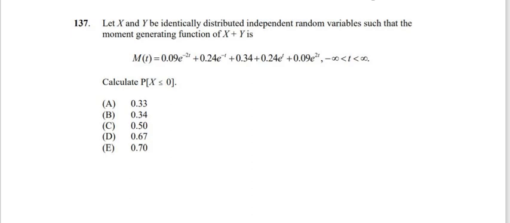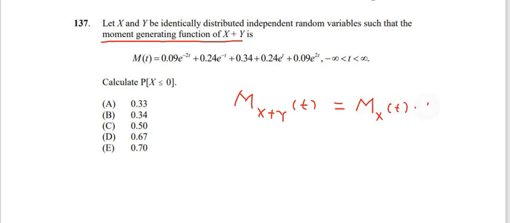So for this problem, we have a moment generating function for x and y. At first, we know the moment generating function for x plus y equals the moment generating function for x multiplied by the moment generating function for y.